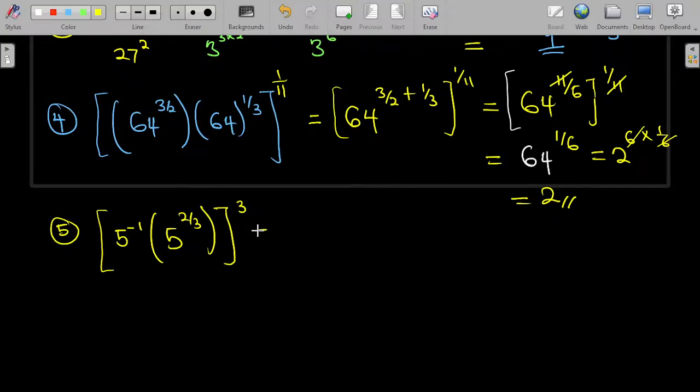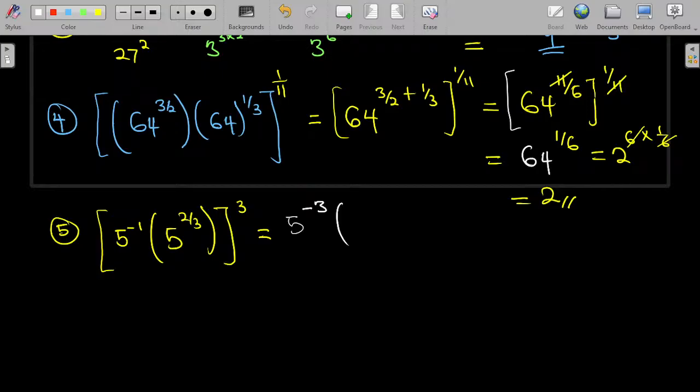So in this place, we are going to have what now? Here it is good to allow 3 to come in, because what you have here is minus 1 and here is 2 over 3. So the 3 can easily remove this fraction. This 3 will multiply minus 1 to give us minus 3.